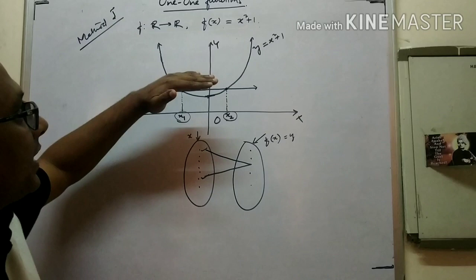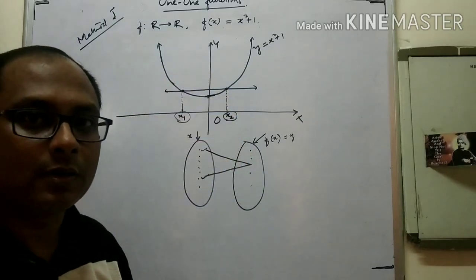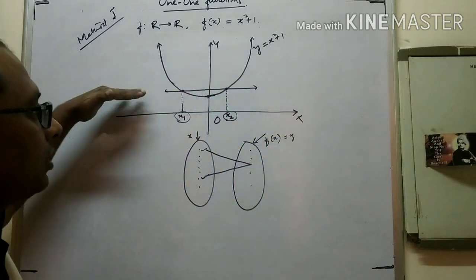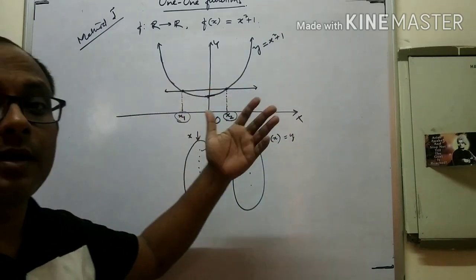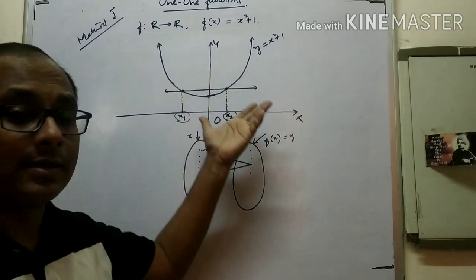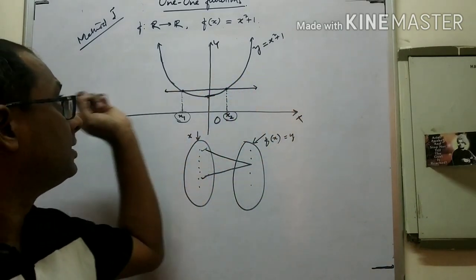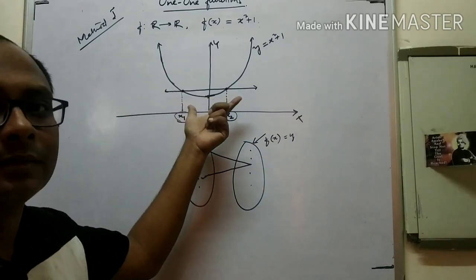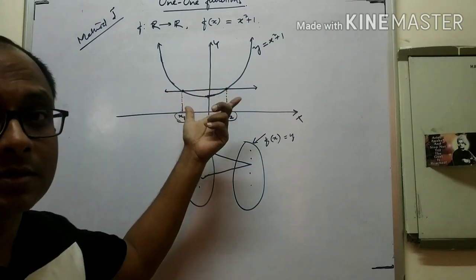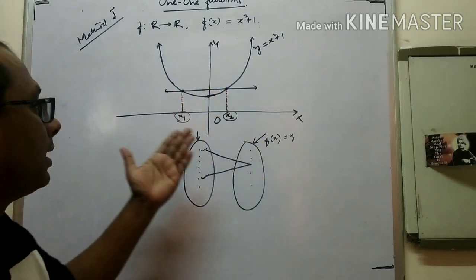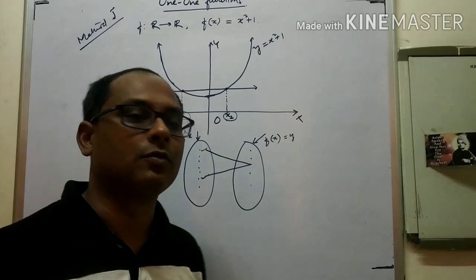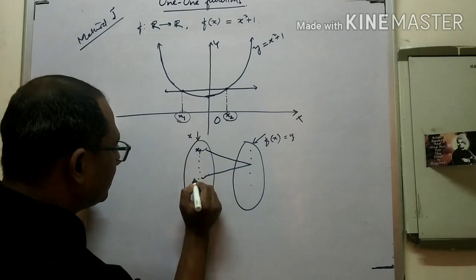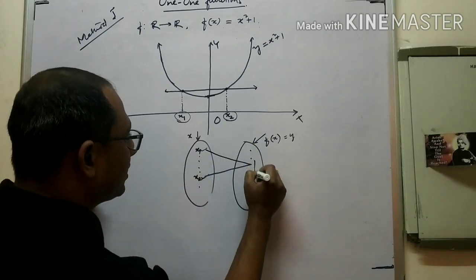So basically, graphical method, how to check whether a function is 1, 1 or not. After drawing the graph, of course, we'll draw some lines parallel to x-axis, and if one of those lines cuts the graph of the function at more than one point, just like here, intersecting at 2 points, then we'll conclude that the function is not 1, 1, because this x1 and x2 will have the same functional value.